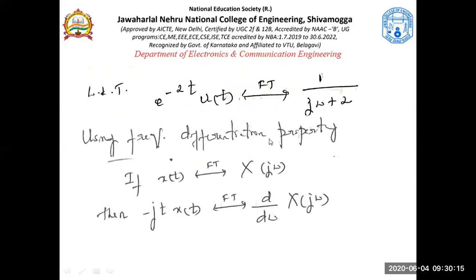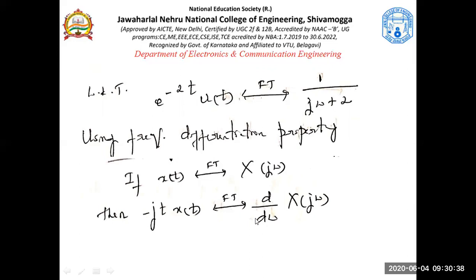When we go for the differentiation property. Here, if you have x of t and its Fourier transform x of j omega, differentiating the frequency domain signal will give a t along with this minus j in time domain. So the t gets introduced here, and anyway we have a differential.